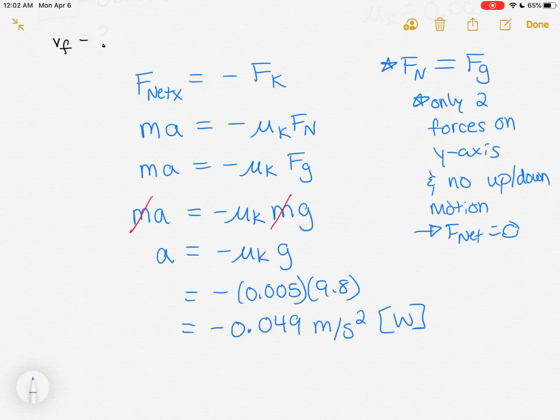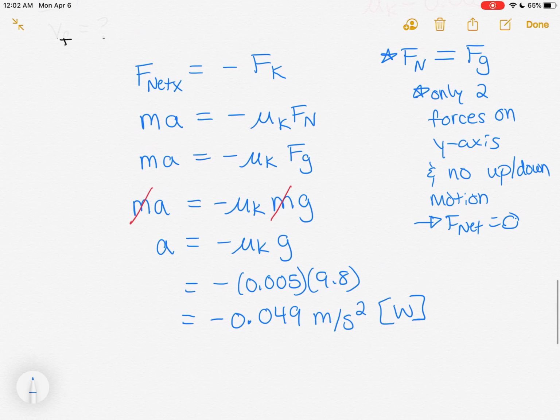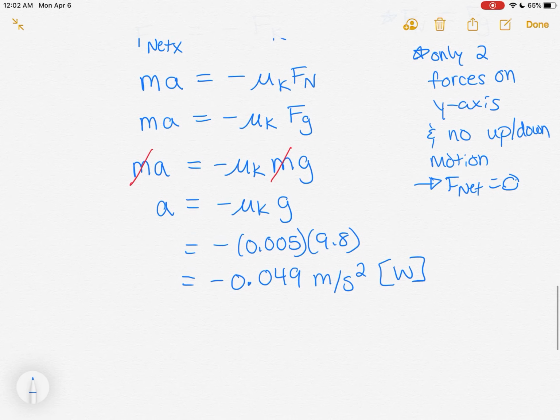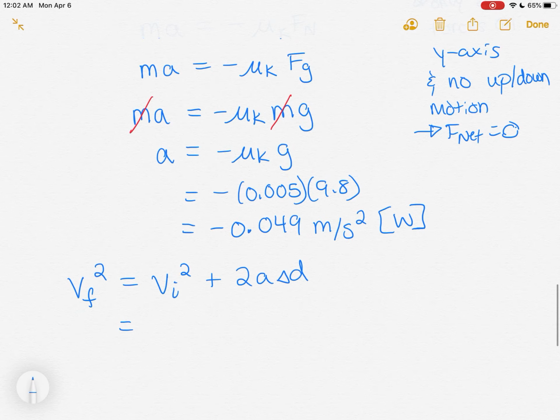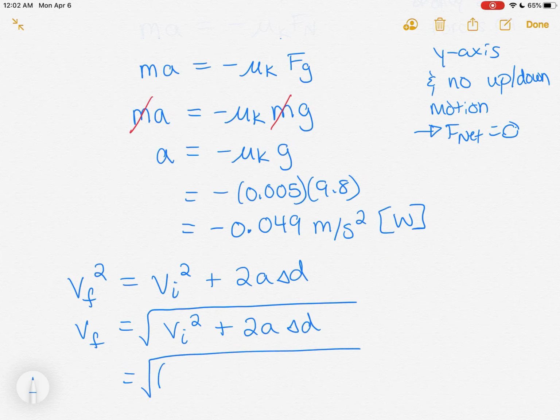Okay, so now I can plug that into a kinematic equation to solve for my VF. Since I have VI and delta D and my acceleration, and I'm looking to find VF, I'm going to use this equation: VF squared is equal to VI squared plus 2a delta D. So my VF will be the square root of VI squared plus 2a delta D. My VI was 21.2, and that's going to have to be squared.